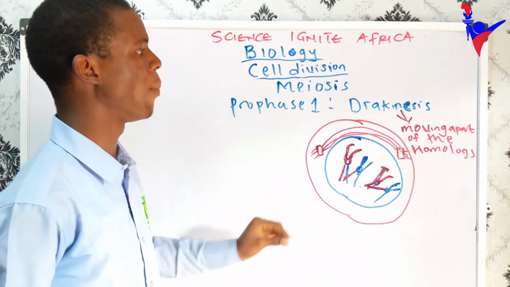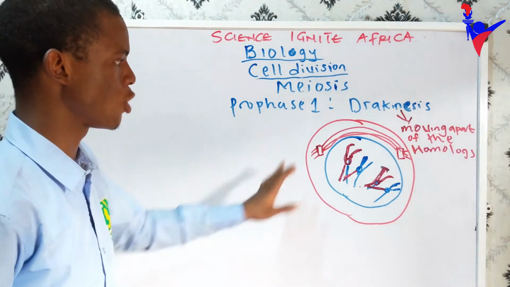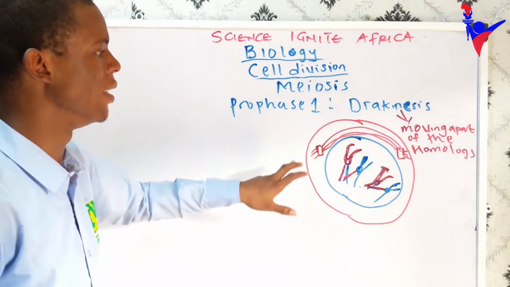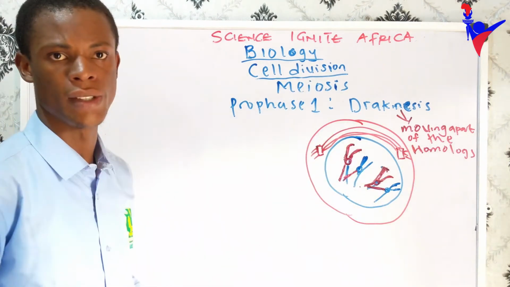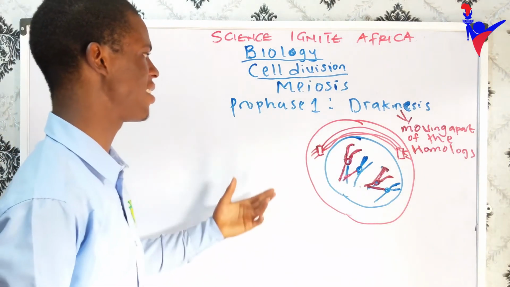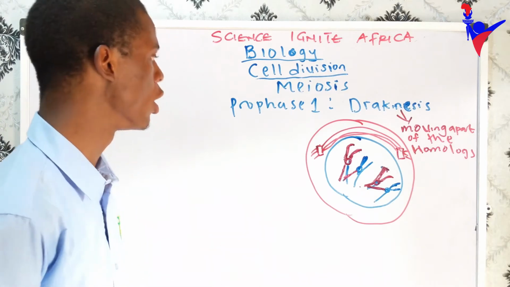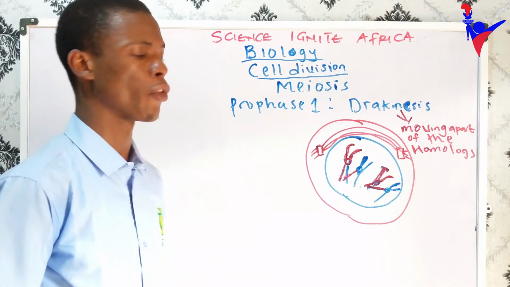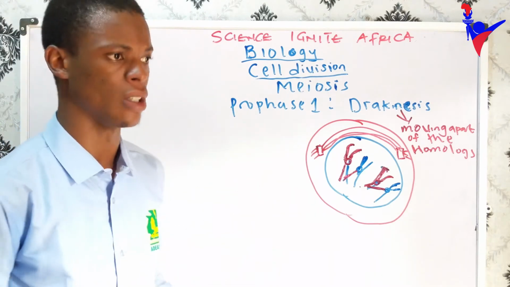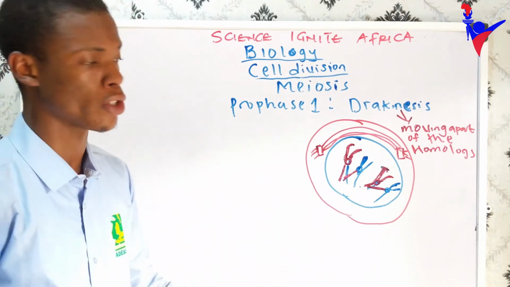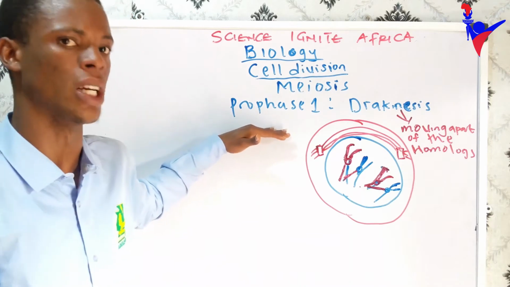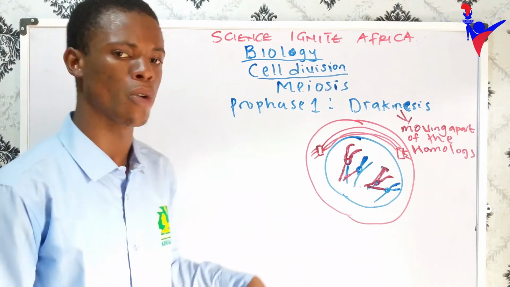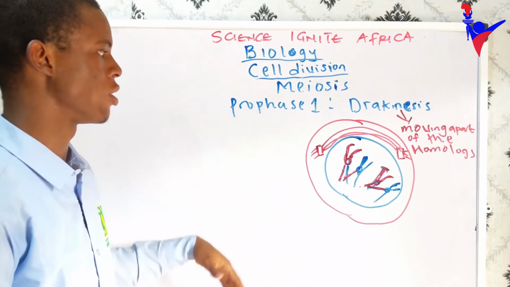But what is unique is that the spindle fiber that starts forming is highly pronounced in the next stage, the metaphase. From prophase 1, the chromosome enters what is known as metaphase 1.